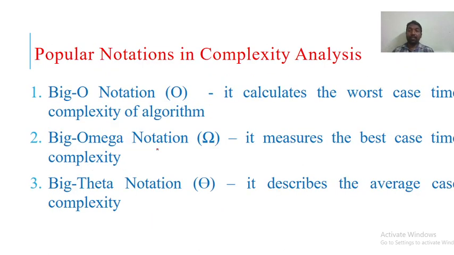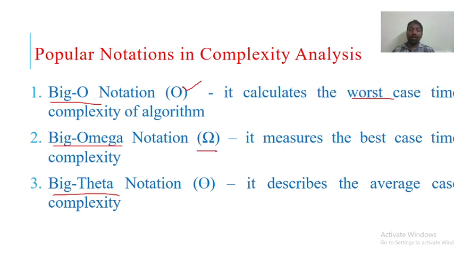Next, if you want to calculate the time and space complexity, the notations we use are the big O notation, the big omega notation and the big theta notation. Big O notation is used for calculating the worst case time complexity of an algorithm.